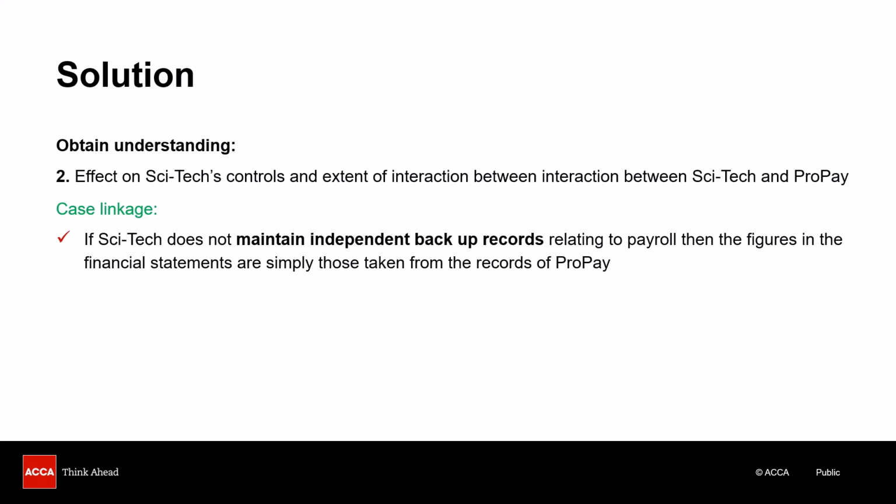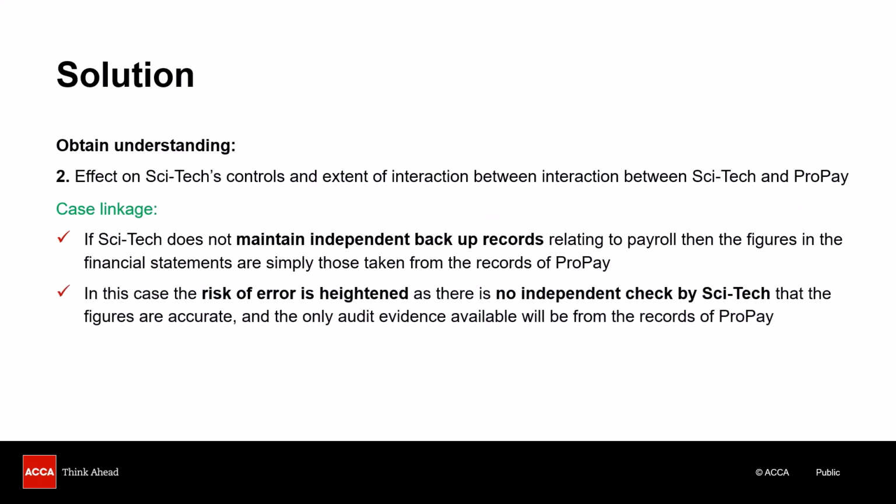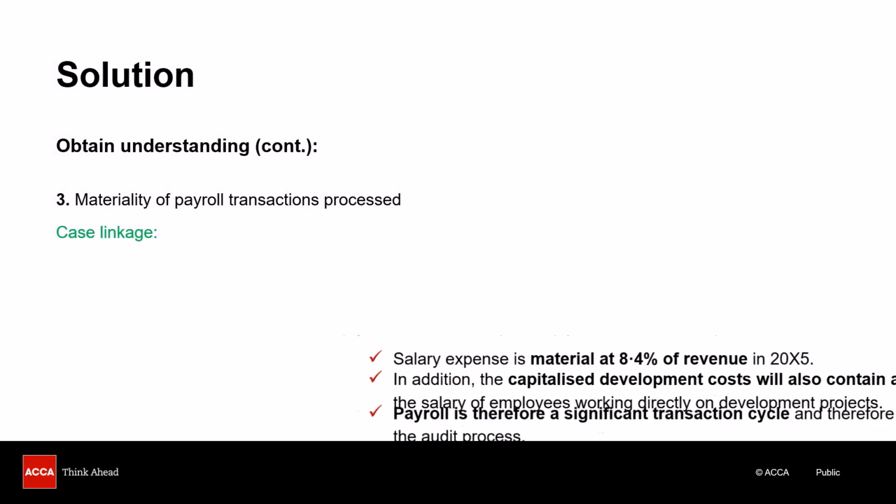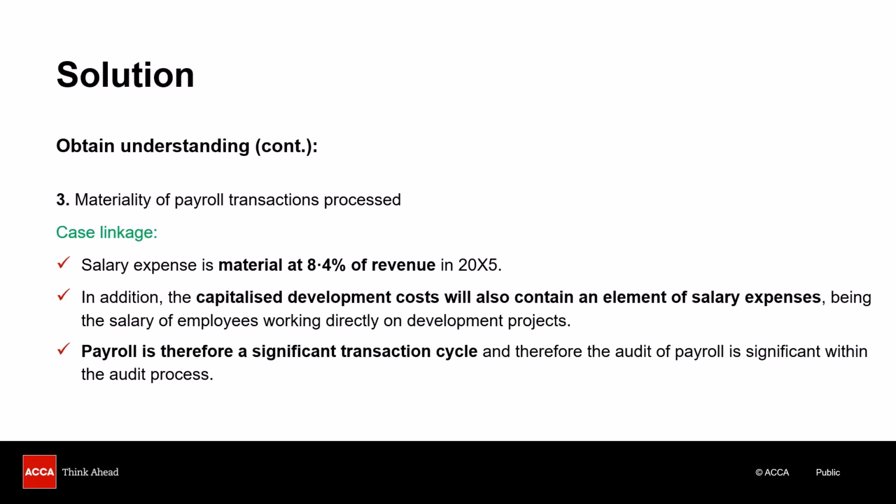In terms of controls and the interaction between the two companies, I need to find out if SciTech maintains any independent records or backup, because if they don't, this means they are relying completely on ProPay. And if this is the case, there is a higher risk of errors because there is no independent check by SciTech at all. We need to evaluate the materiality of the amounts processed.